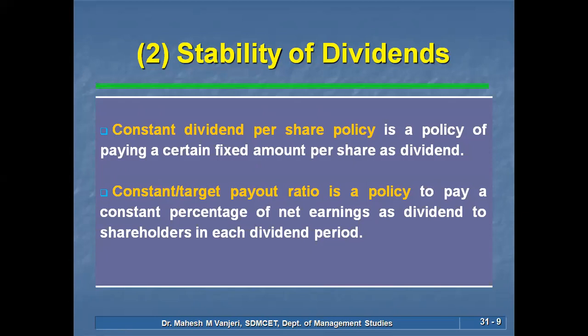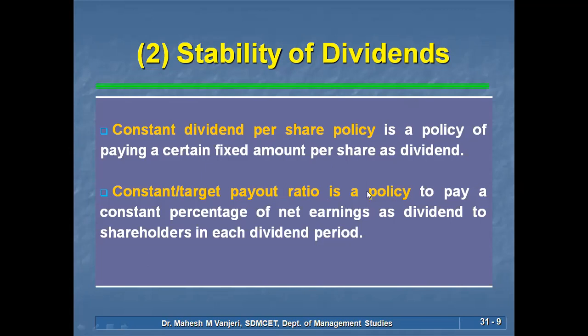Say for example, let us imagine the company has been making 100 rupee profit per year, and the company pays 5 rupees per share as a dividend. If the company makes 1000 rupee profit also, it will pay 5 rupee per share only. But in payout ratio, what will happen if the company decides to pay 5% of the net earnings?